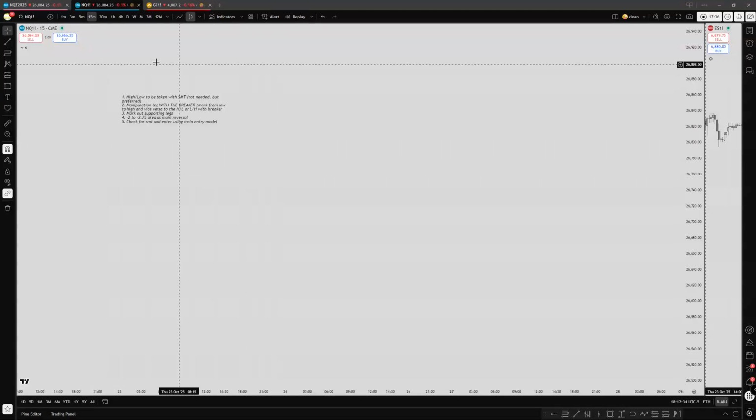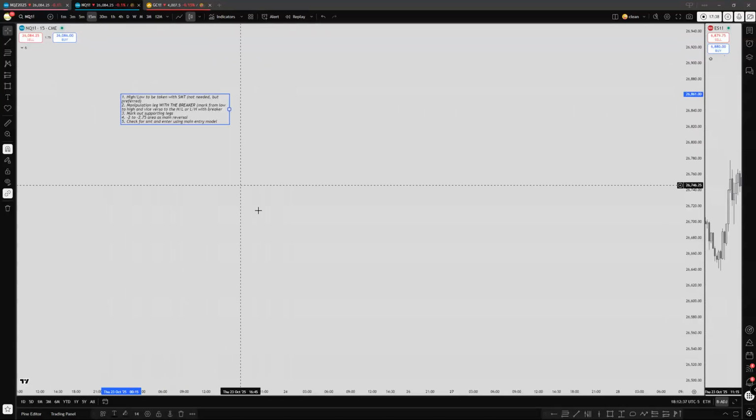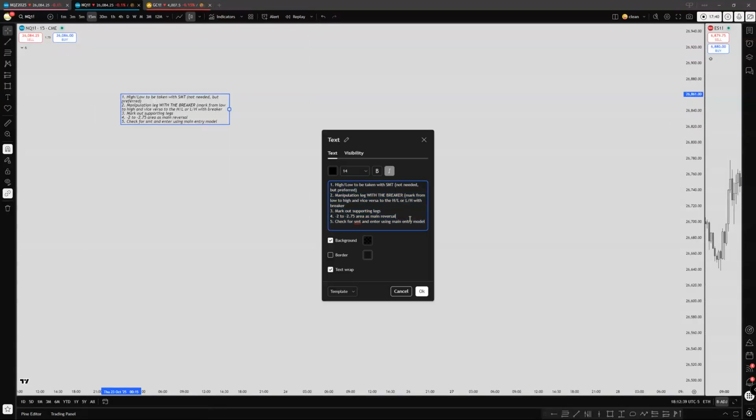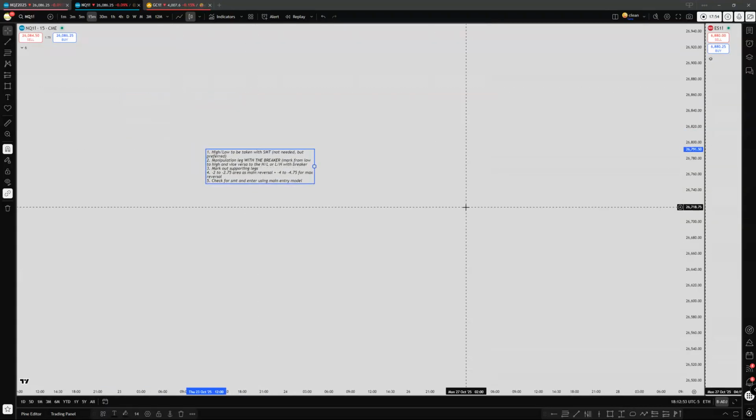This is essentially your checklist, right, for standard deviations. Let me add the -4 to -4.75. So yeah, this is essentially just the gist of standard deviations.